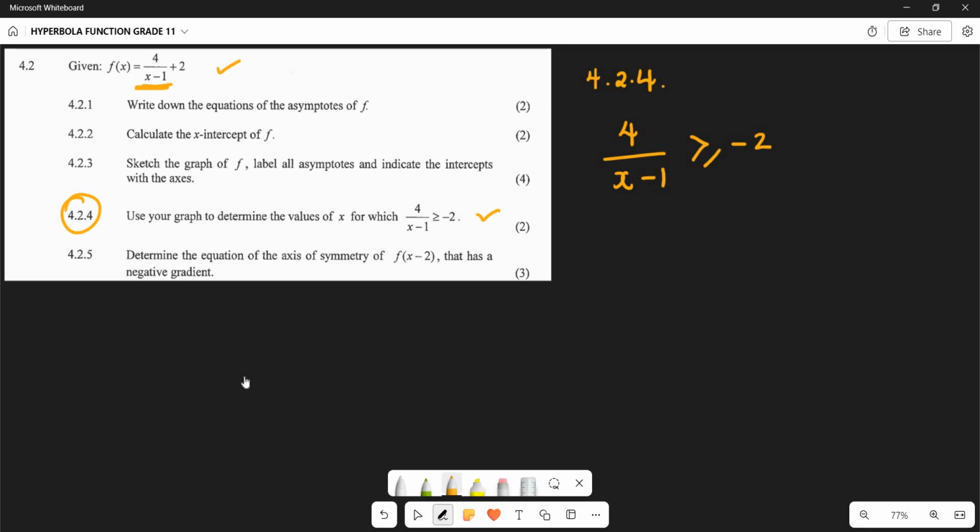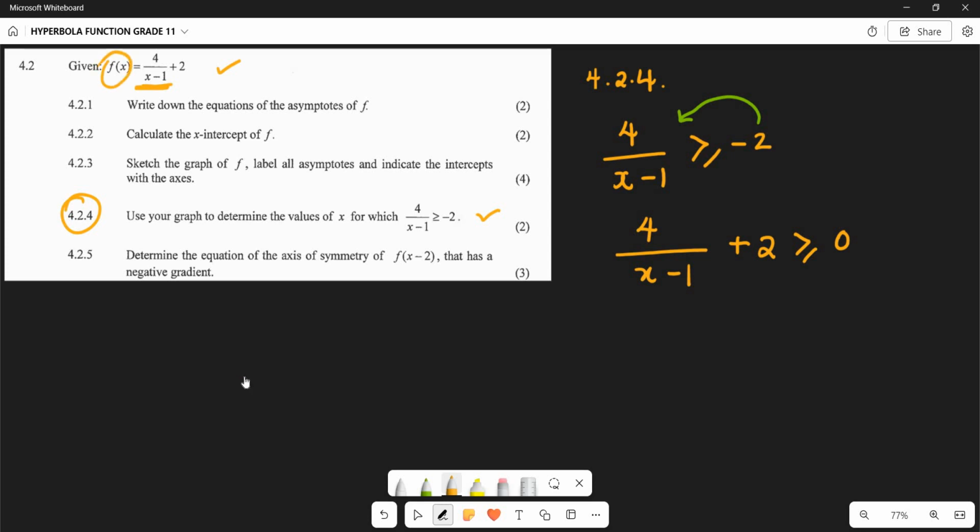But we can take the 2 to this side. If we do that, what are we going to have? We're going to have 4 over x minus 1 plus 2, which is therefore greater than or equal to 0. You see that? If you look at this now, it looks exactly like our f of x.